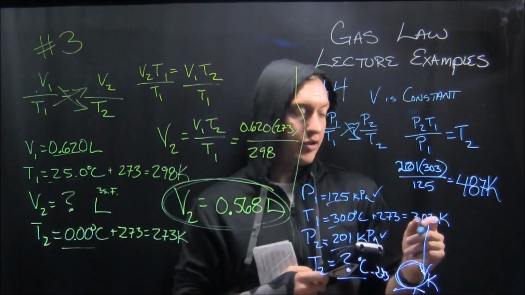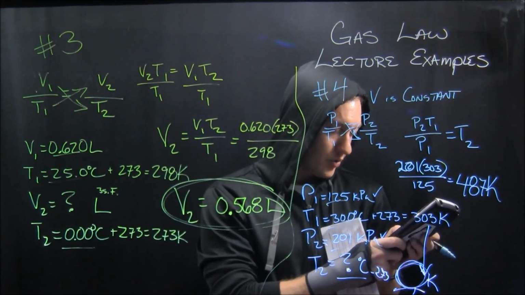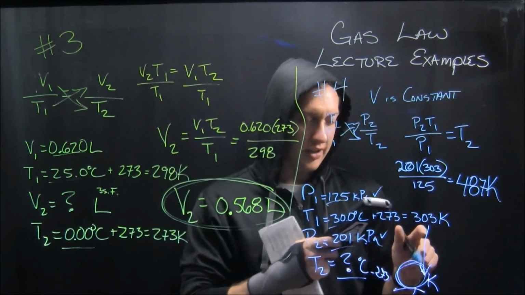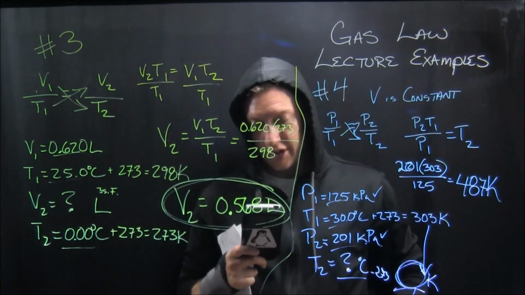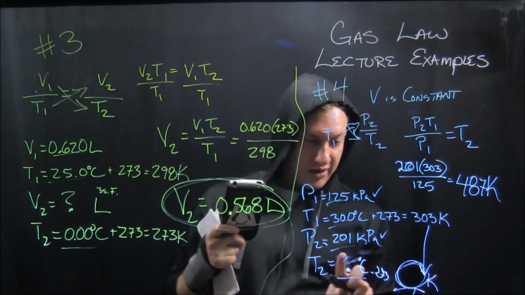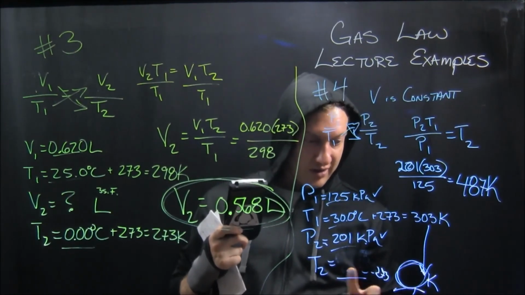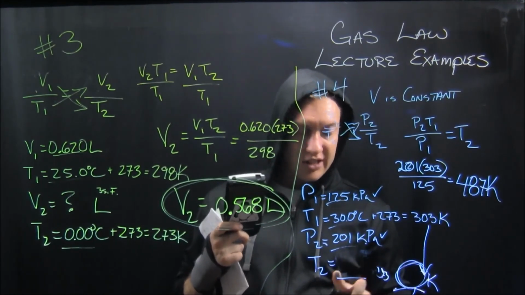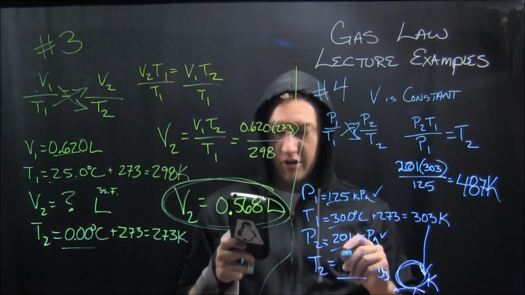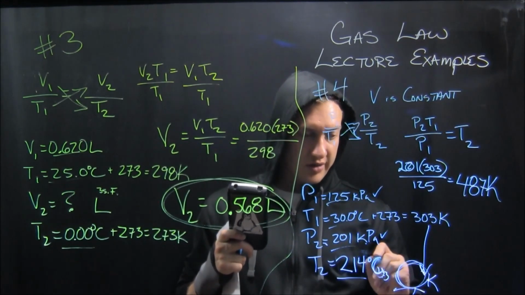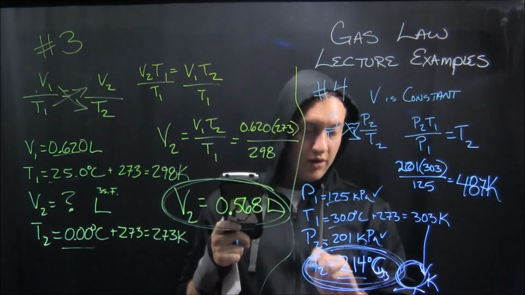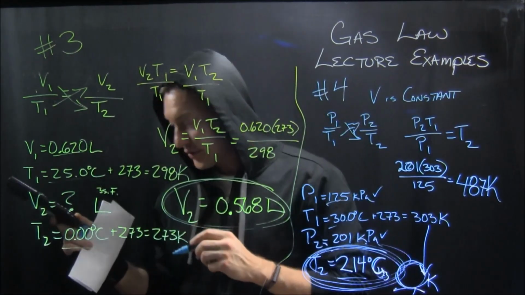If we want to put it back in degrees Celsius, we have to subtract 273, and so I get the temperature to be 214 degrees Celsius. The final answer, T2, is 214 degrees Celsius. All right, that's the lecture examples for Unit 9.